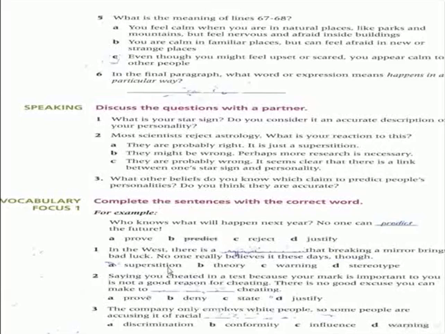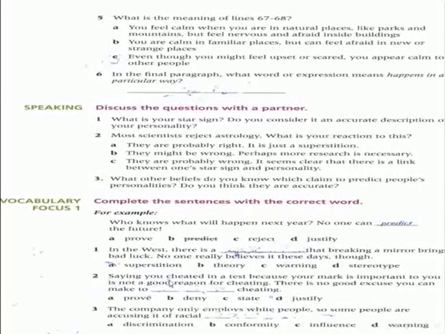They believe in it, like a belief. A superstition that breaking a mirror brings bad luck. So no one really believes it these days, though. These days, no. But in the West, it was.